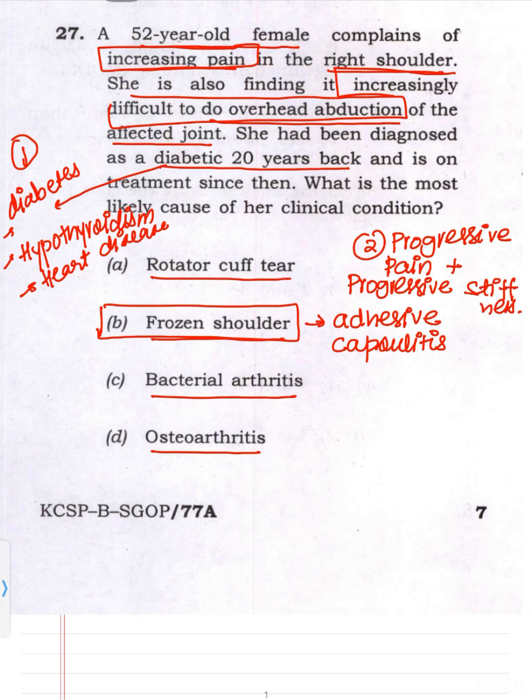Third is age and sex. Generally, this is a 52-year-old female, and she is having diabetes. This is the textbook profile of adhesive capsulitis. So therefore the answer will be the frozen shoulder.